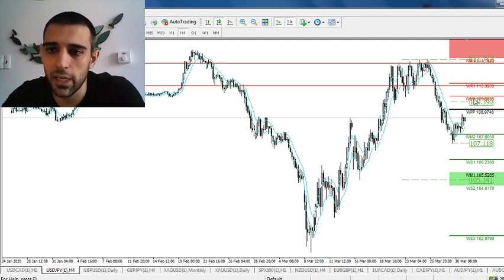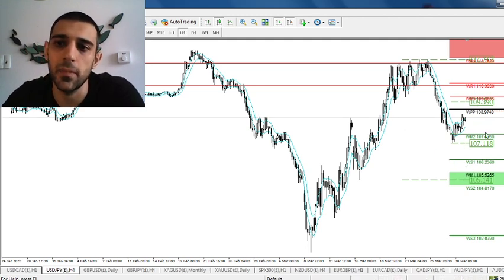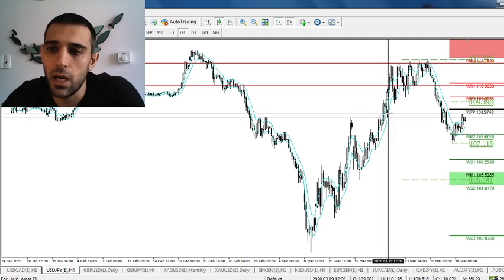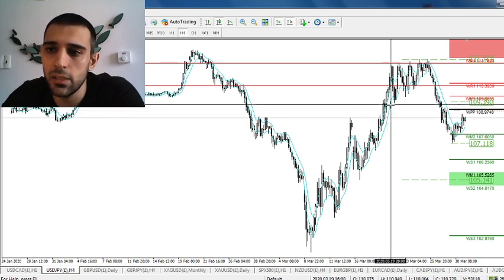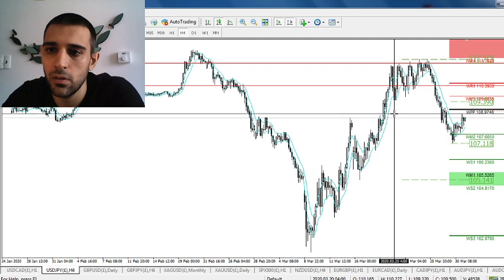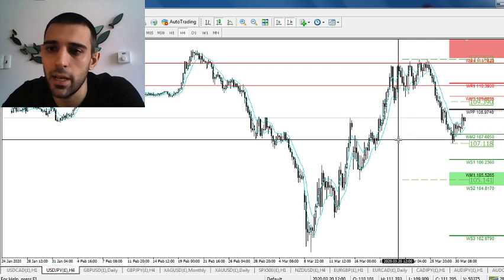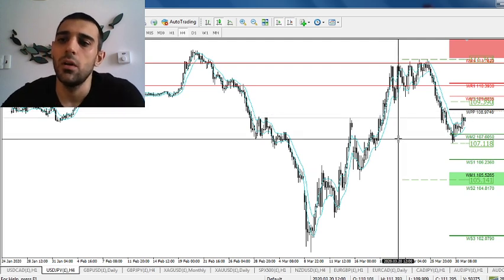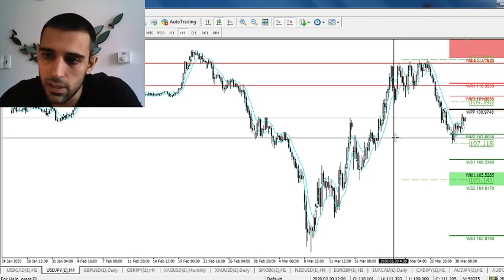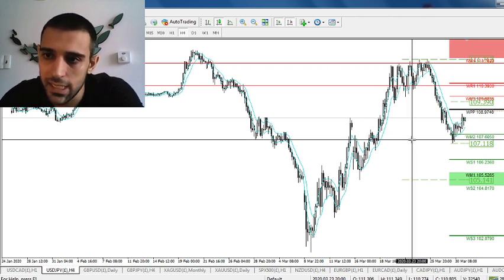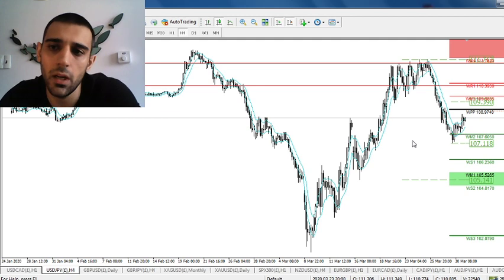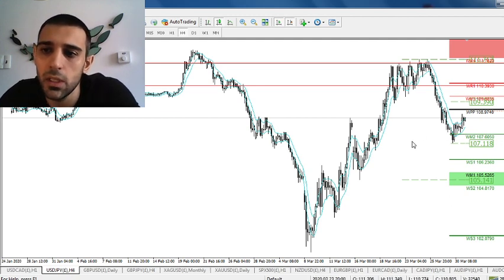But generally price likes to come down and test the lows. So for now, if we take 108.90 with a 30 pip stop, we run it to about the 107.30 zone.